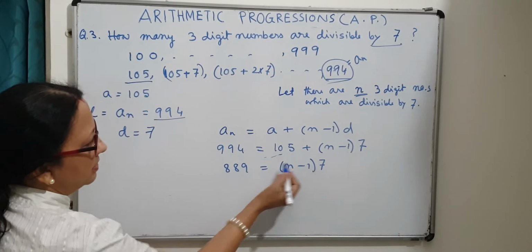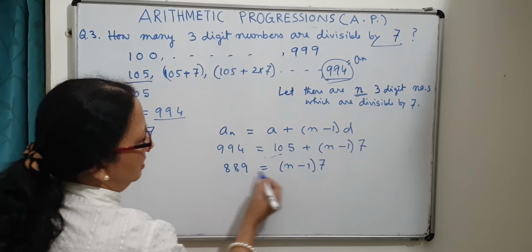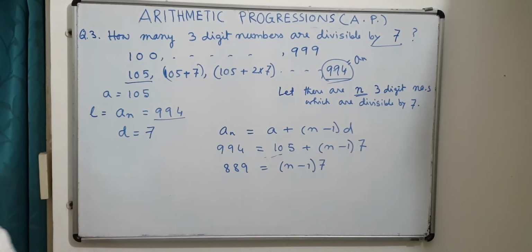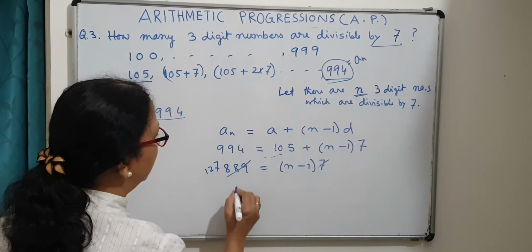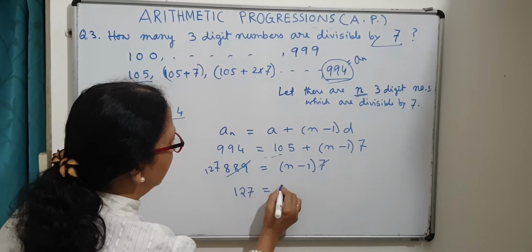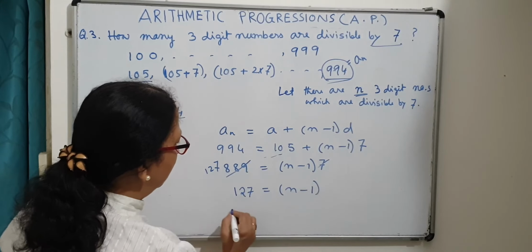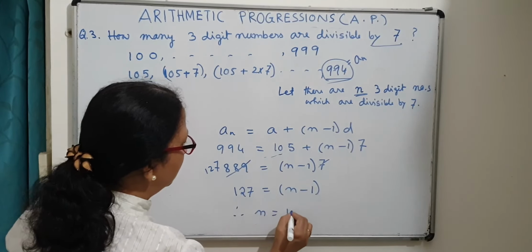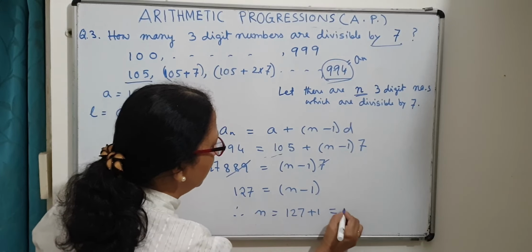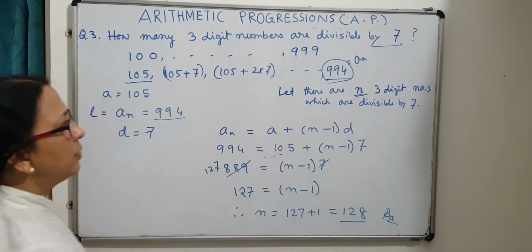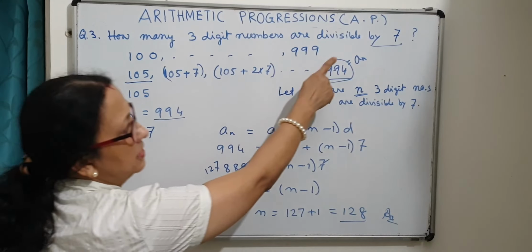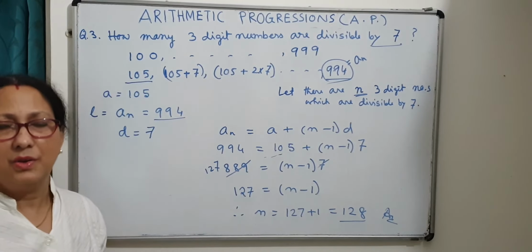After that I'll divide both sides by 7. If we divide it by 7, it will become 127. So 127 is n minus 1. Therefore n is equal to 127 plus 1, or 128. So this is the answer. There are 128 3-digit numbers which are divisible by 7. Okay.